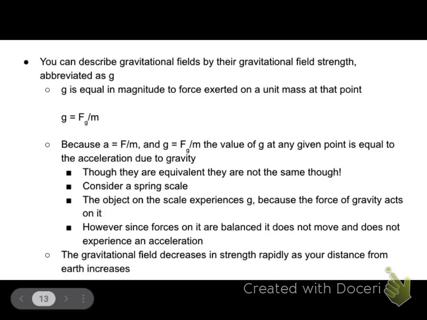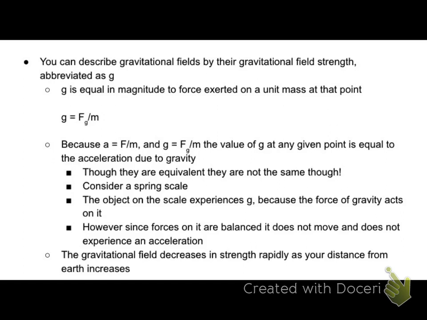So you can describe gravitational fields by their strength, which we abbreviate as G. So G is equal to the magnitude of a force exerted on a unit of mass at that specific point. So we can calculate G as the force of gravity divided by the mass of the object that it's acting on.